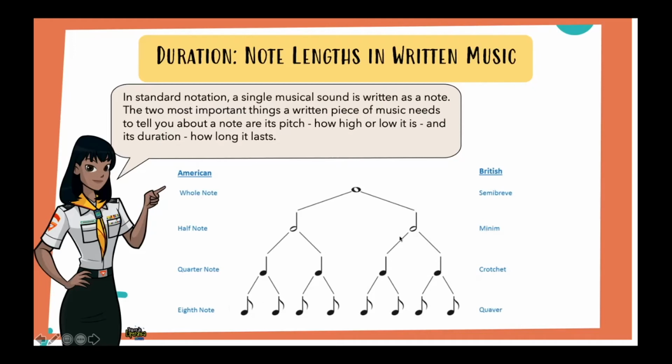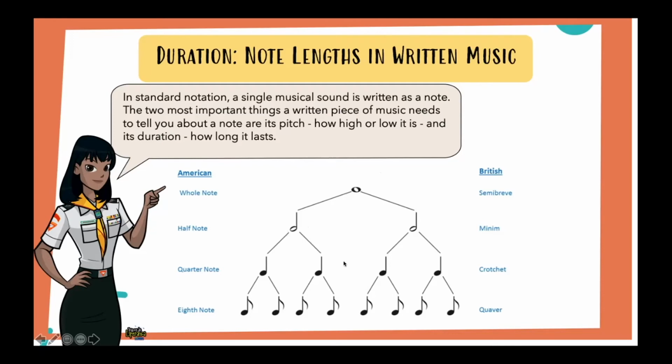One whole note is equal to two half notes, and one half note is equal to two quarter notes. So one whole note is equal to four quarter notes.